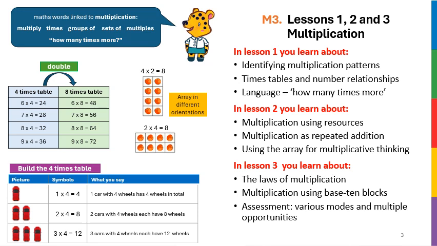I'd use those numbers. And we would then establish that, oh gosh, it doesn't matter which number comes first, the answer is always the same. We know that is the commutative law, but we don't have to say that to learners. As long as they understand that we can swap those numbers, the answer stays the same.